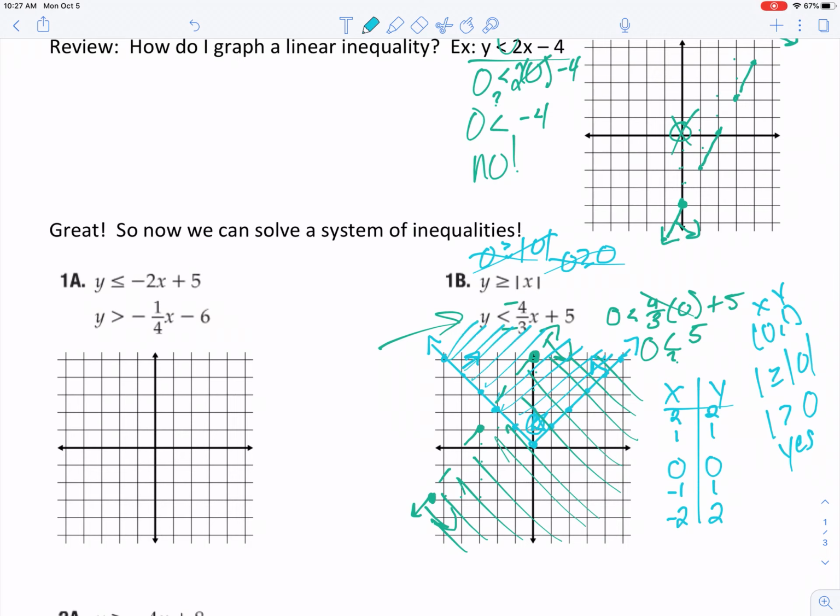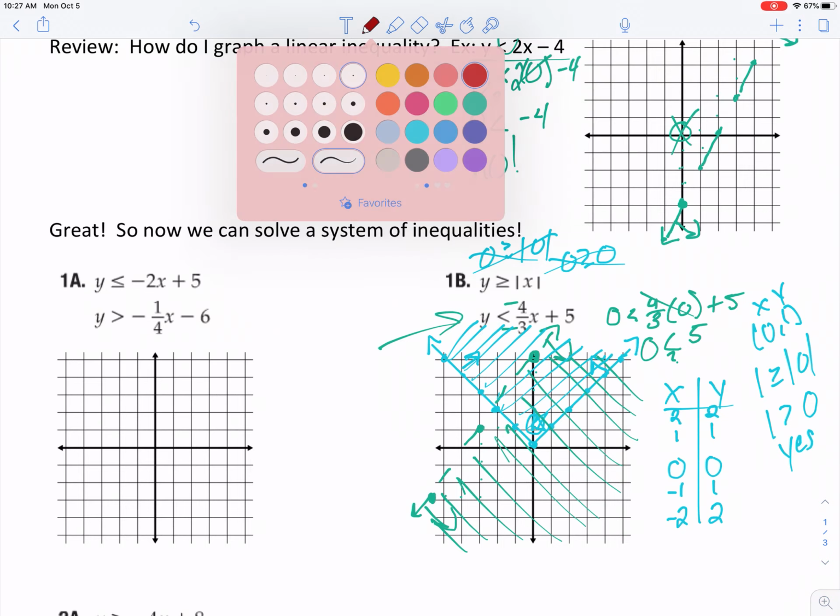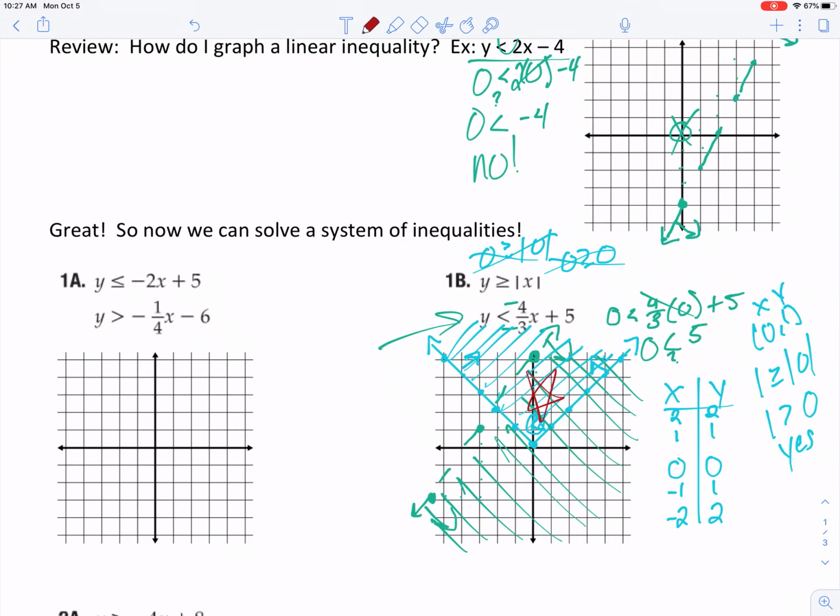Where do they intersect? Of course, that intersecting region is right here. So that is what you would get to color as your final answer. So to show what I'm expecting on your homework, clear all that out, you would be just simply coloring like that.